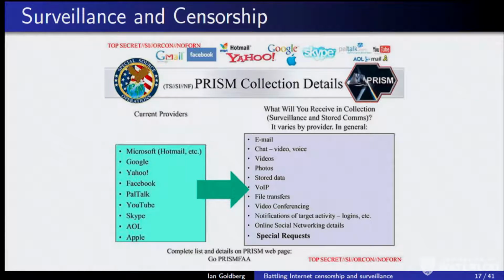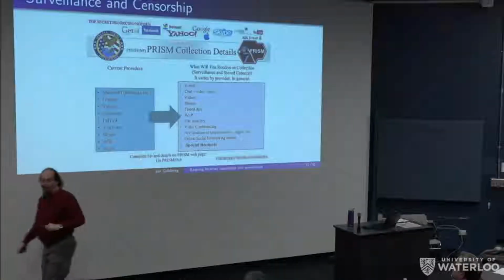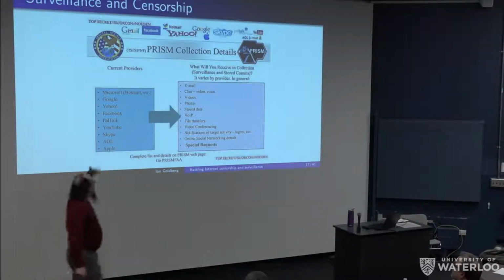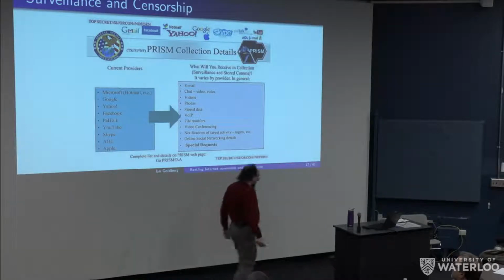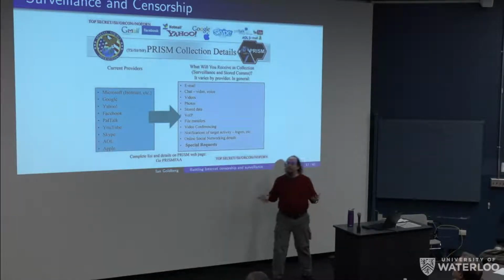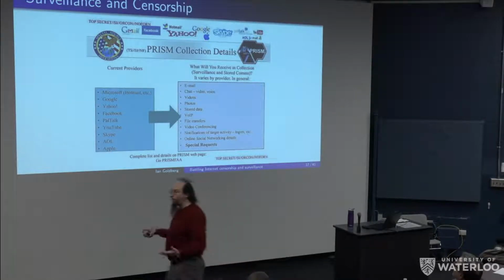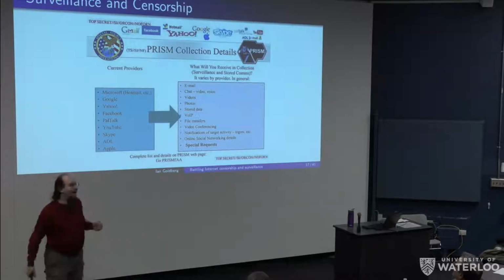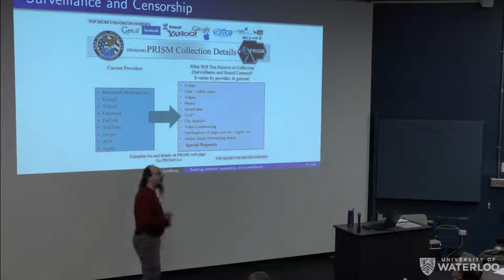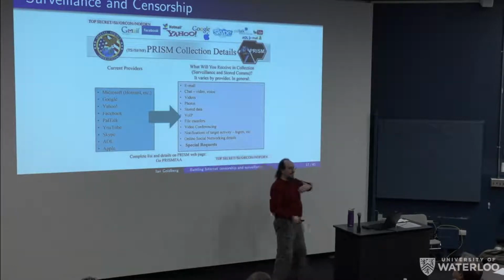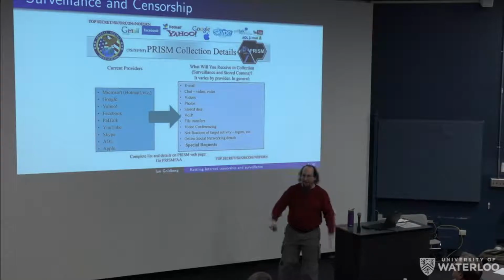And what this program is about is that these 9 mostly major players, like Microsoft, Google, Yahoo, Facebook, and so on, according to this slide and these documents, cooperate, perhaps wittingly, perhaps unwittingly, with the NSA and perhaps other government entities in order that the NSA can say, please give me some information about this person, their email, their chats, whatever.